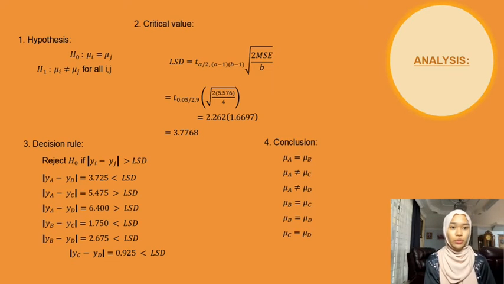For the decision rule, we reject H0 if the mean difference is greater than the LSD value. So we can conclude that there is significant difference between the pair AC and AD, while for the other pairs we don't have enough evidence to conclude that there is significant difference.